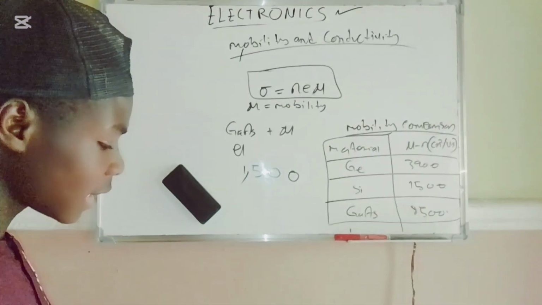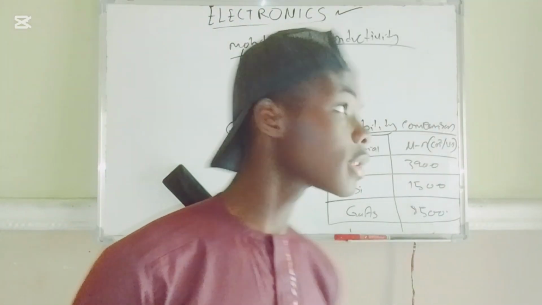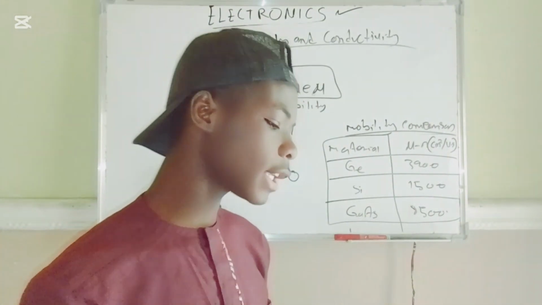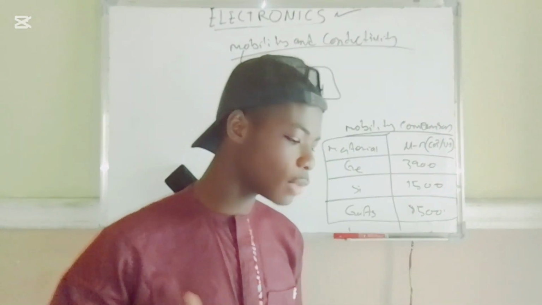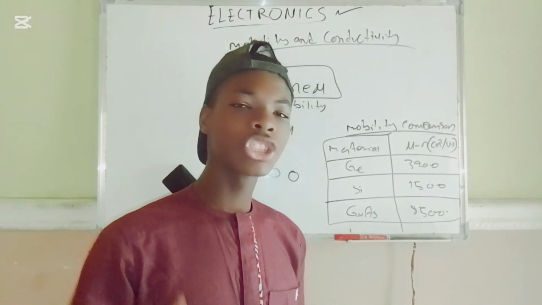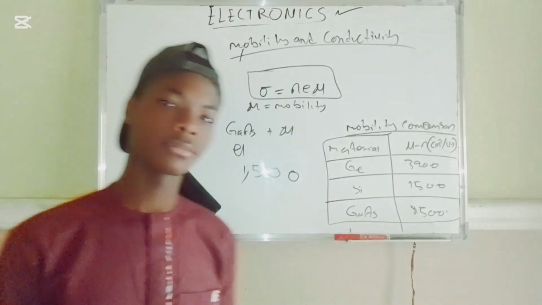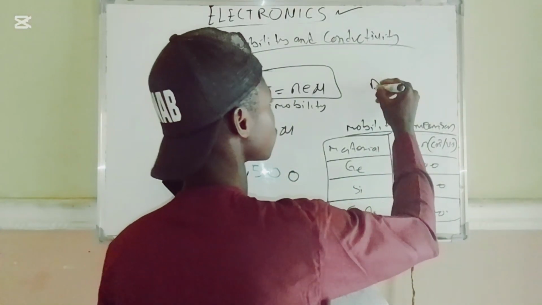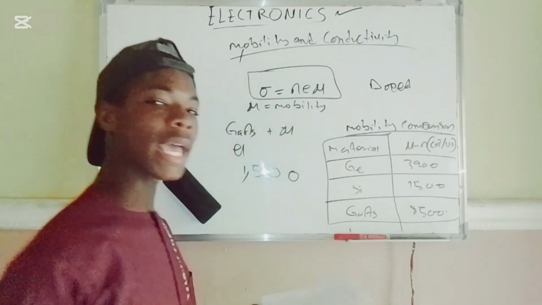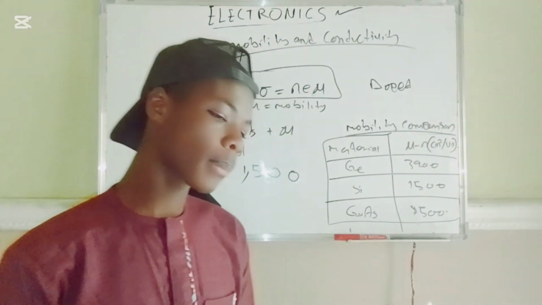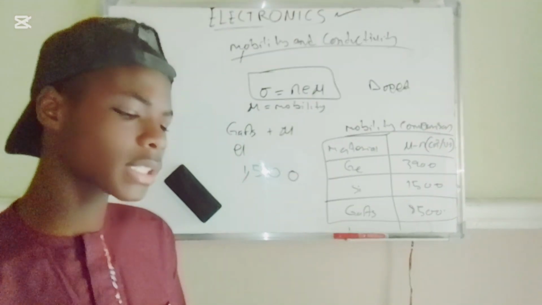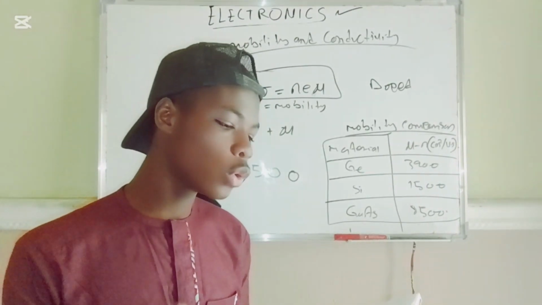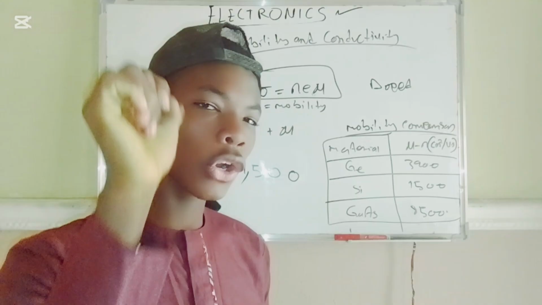Okay, let's see the extrinsic semiconductors. What is an extrinsic semiconductor? An extrinsic semiconductor is a doped semiconductor with added impurities to change conductivity.